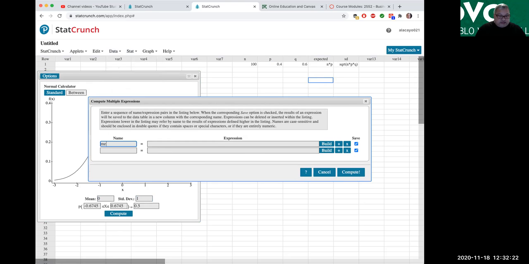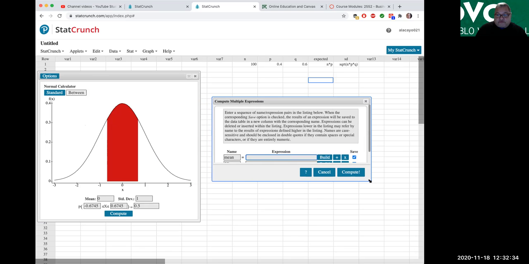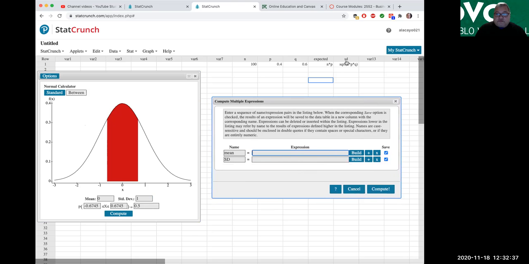One is going to be called the mean, and the other one is going to be called the standard deviation, which I'm going to put in caps to not confuse the model, the StatCrunch, with the earlier story of little sd being this formula here. So I'm going to take this formula from the sheet called the expected formula, and I'm going to take the standard deviation formula and paste it in the SD calculation, and I'm going to let the software do the math for me and compute the mean and the standard deviation of the model.